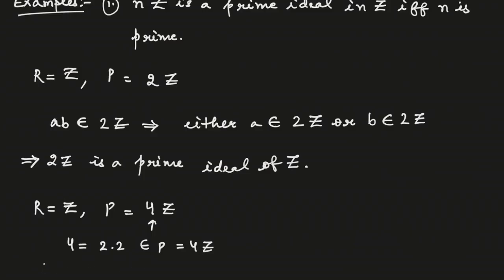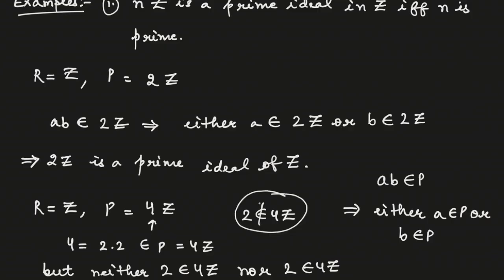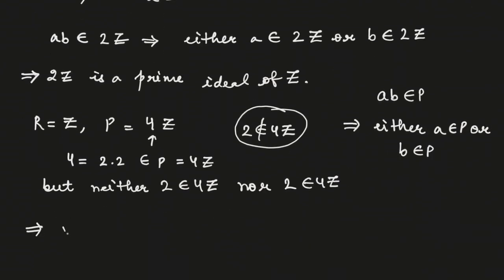But you can clearly see that neither 2 belongs to 4Z nor 2 belongs to 4Z, because our definition says that if P is a prime ideal, then AB belongs to P implies either A belongs to P or B belongs to P. We can clearly see that 2 does not belong to this 4Z. So 4Z is not a prime ideal of Z.